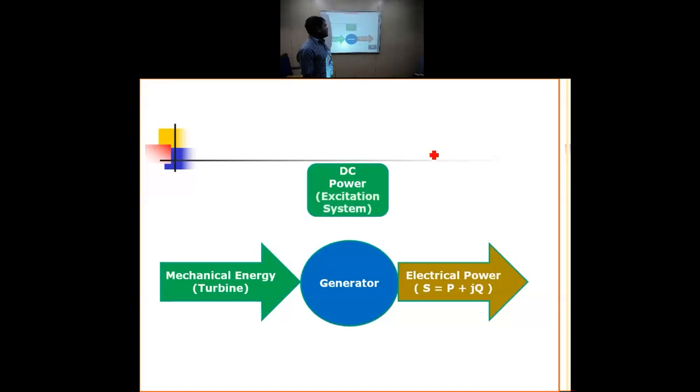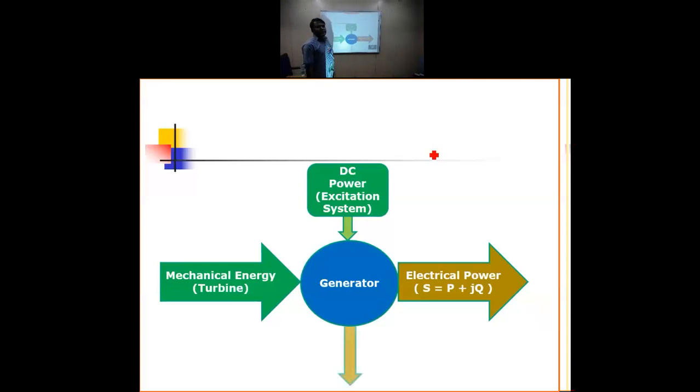DC power is available from a DC source, known as the exciter or excitation system. So that is also one input to the generator. For the generator, two inputs are there: mechanical energy from the turbine and DC power from the exciter or excitation system, and the ultimate output is electrical power.